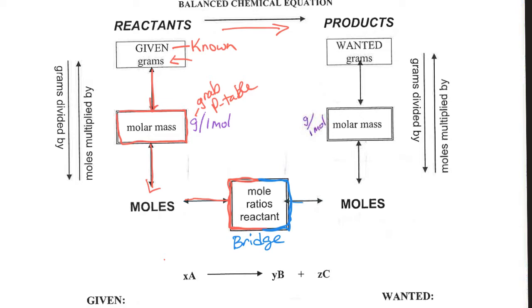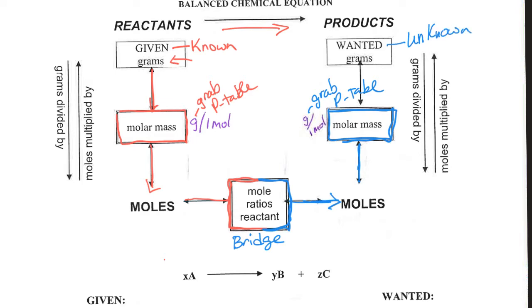So once we've done this step, we're now going to have the moles of the unknown. If we need our answer in grams, we're going to have another conversion factor. That's going to be the grams of our unknown, which will give us 1 mole. So you're going to have to grab your periodic table again. And you'll end up with what you want, which is your unknown.